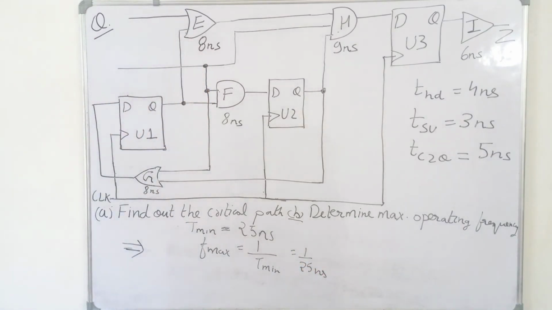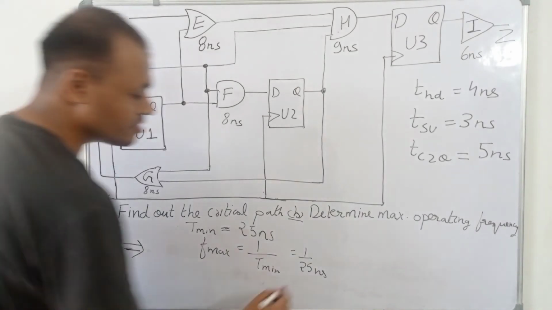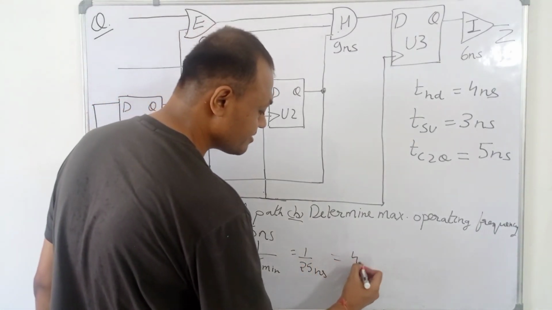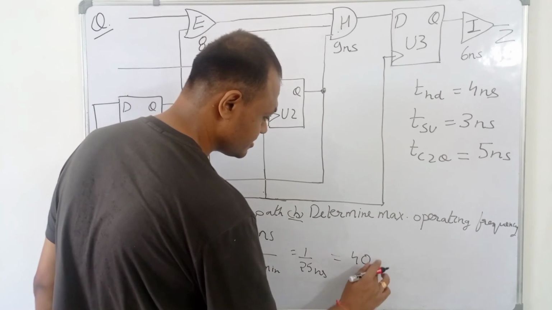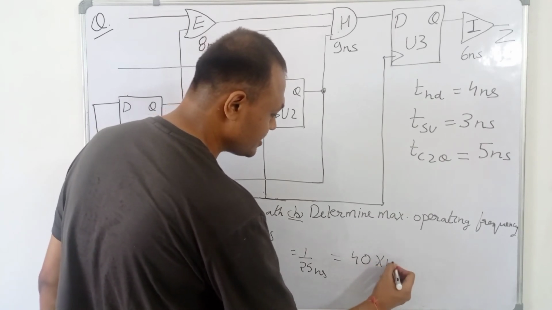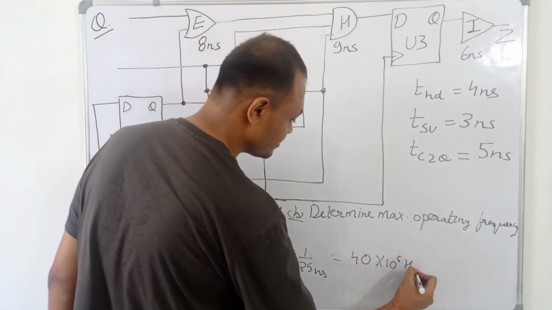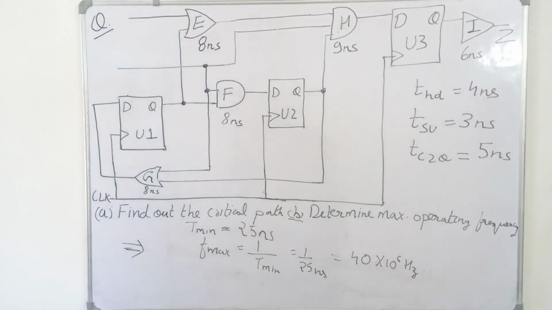If you solve this, you will get 40 megahertz as the correct answer: 40 into 10 to the power 6 hertz. This is the maximum operating frequency of this circuit, and the circuit cannot be operated at a frequency more than this.